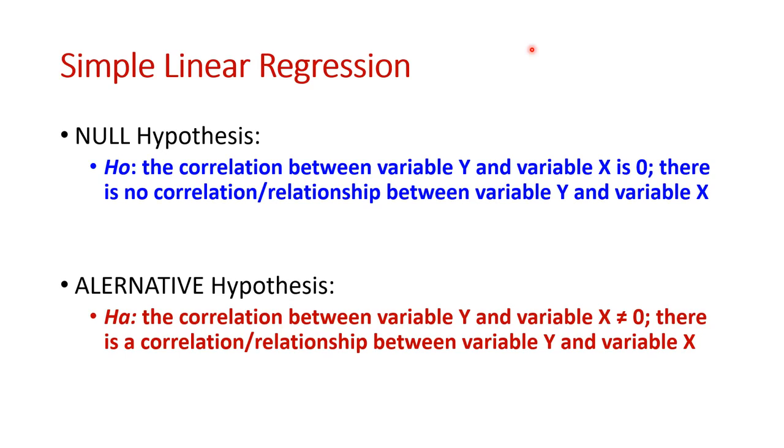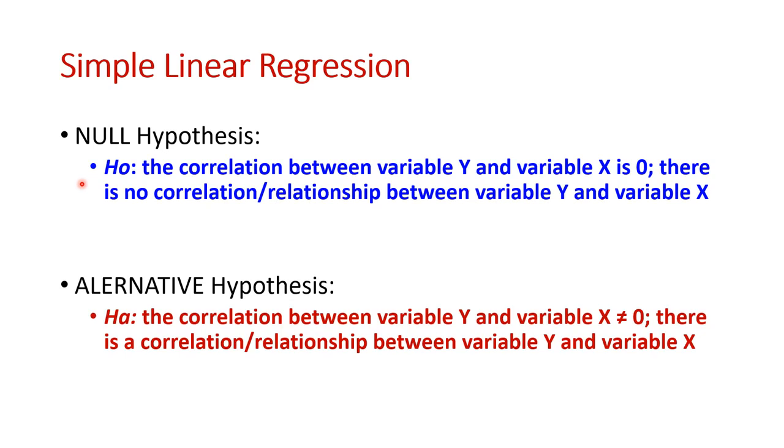Again, every statistical analysis comes with a null and alternative statistical hypothesis, right? So the null hypothesis for a simple linear regression is that the correlation between variable y and variable x is 0, or there is no correlation relationship between variable y and variable x, or in other words, to say that the slope of a line in a scatter plot with y and x is equal to 0.